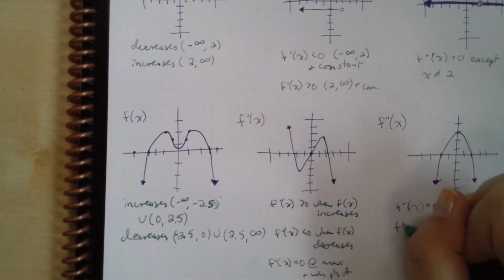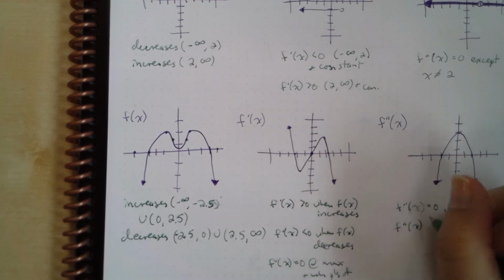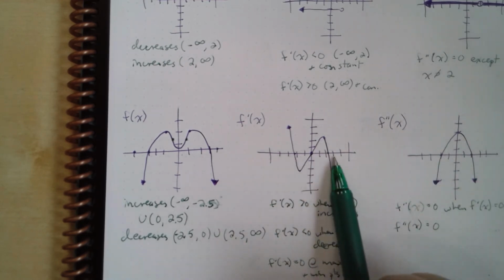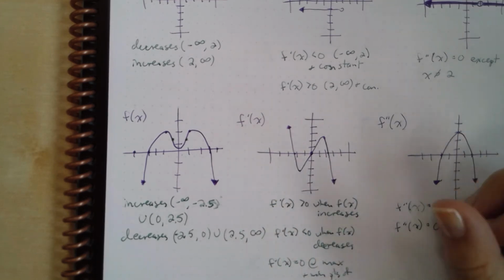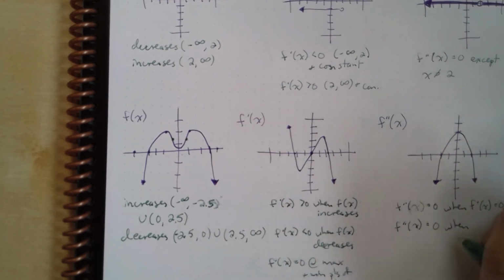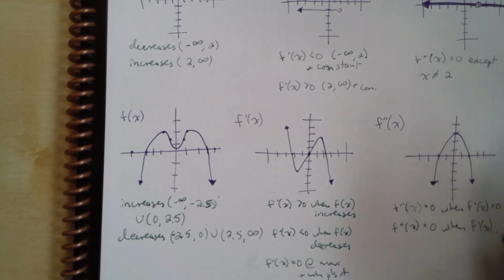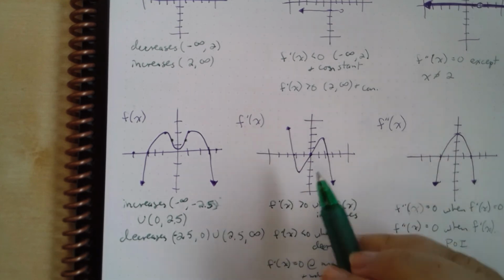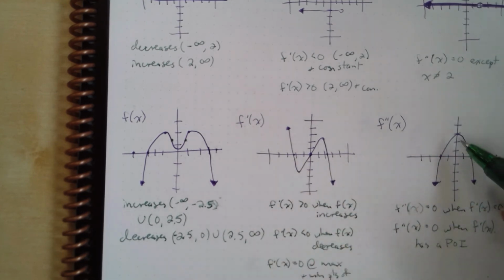And f double prime of x is equal to 0 where f prime of x has a point of inflection, right? So our point of inflection here was 0. It's equal to 0 there, right? Because that's going to be our relative maximum now. And then these relative minimum and maximum became our zeros there.